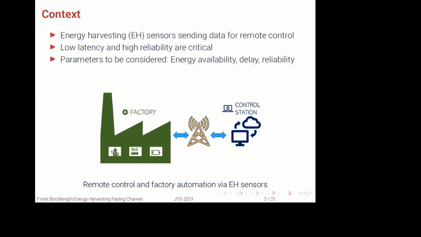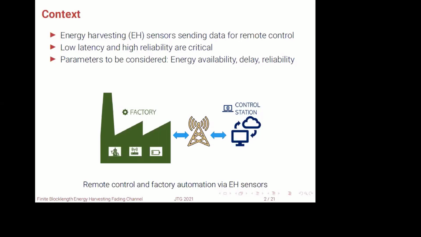For such a setting, reliability and latency of communication are quite important. In addition, periodically replacing the batteries in these sensing units is not quite practical. However, harvesting ambient energy is now a mature technology.